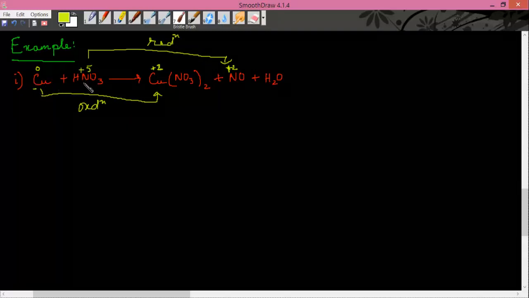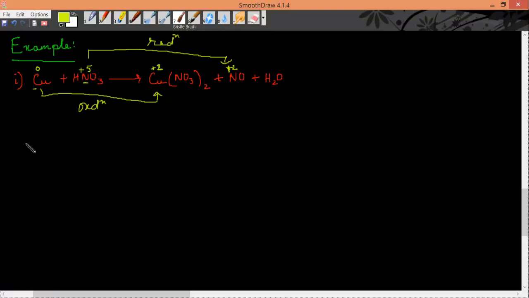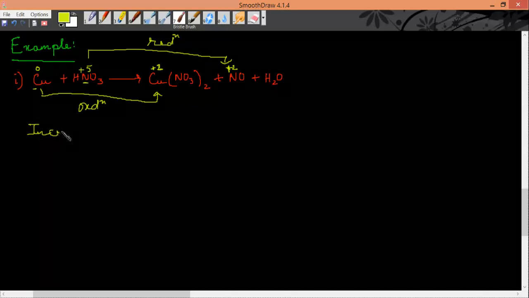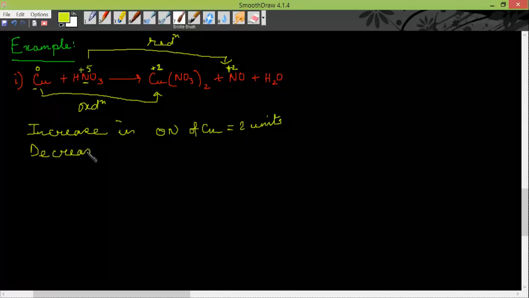Copper and nitrogen are the main atoms here because the oxidation numbers of hydrogen and oxygen remain unchanged. The increase in oxidation number of copper is from 0 to plus 2, so it is 2 units, and the decrease in oxidation number of nitrogen is from plus 5 to plus 2, that is 3 units.